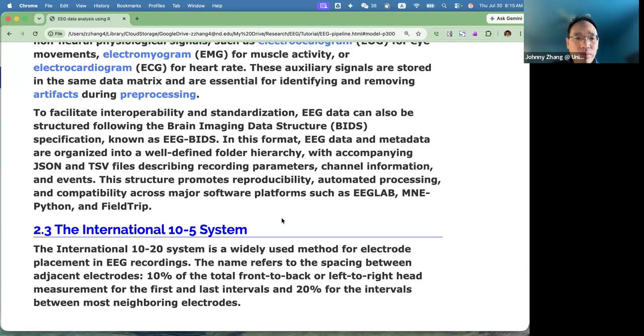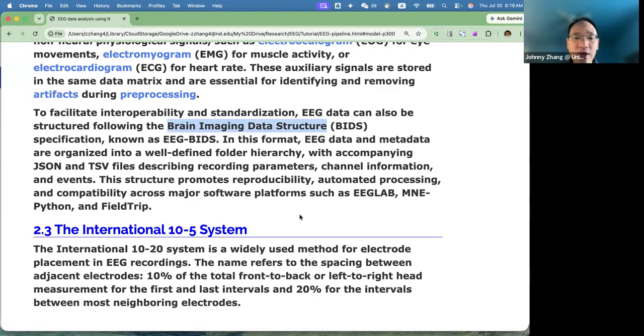To help standardize EEG data analysis and EEG data storage, oftentimes we follow certain protocols. For example, one widely used EEG data structure is based on the brain image data structure. This is not just for EEG data, it's also for MRI and other types of data.